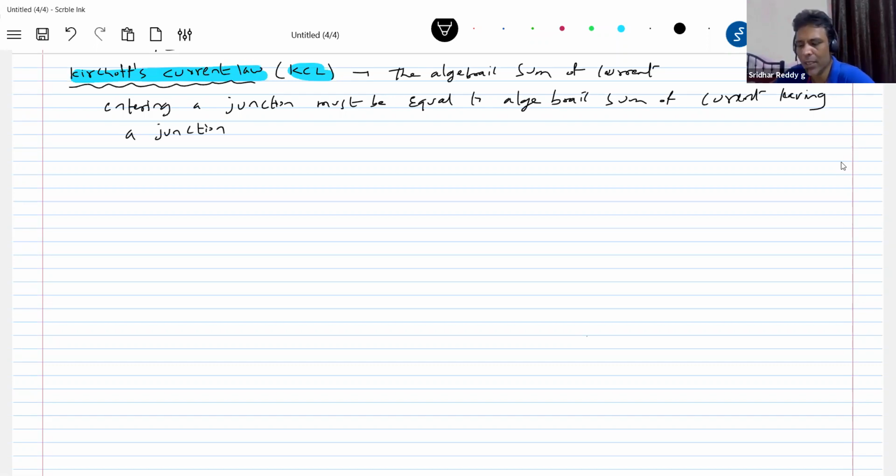So what do we mean by the word junction? Where the current branches, that particular point is called a junction.